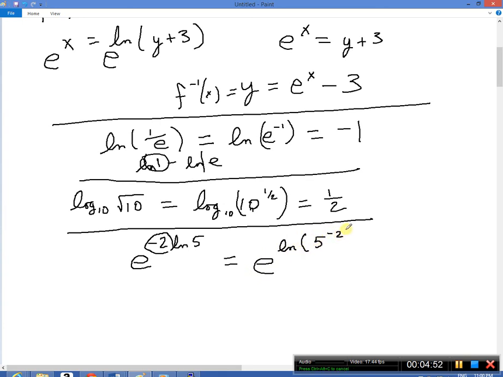So you have to know the laws of exponents backwards and forwards, because the laws of exponents allow you to pull this exponent out of the log as a multiplier. Or conversely, if you've got a multiplier on the outside of the log, you can push it in as an exponent of that argument of log. So now you've got e and log canceling each other, so you're left with 5 to the negative 2, which is a perfectly good answer. Or if you prefer 1 over 25, that's fine too. And that's it for quiz 2.